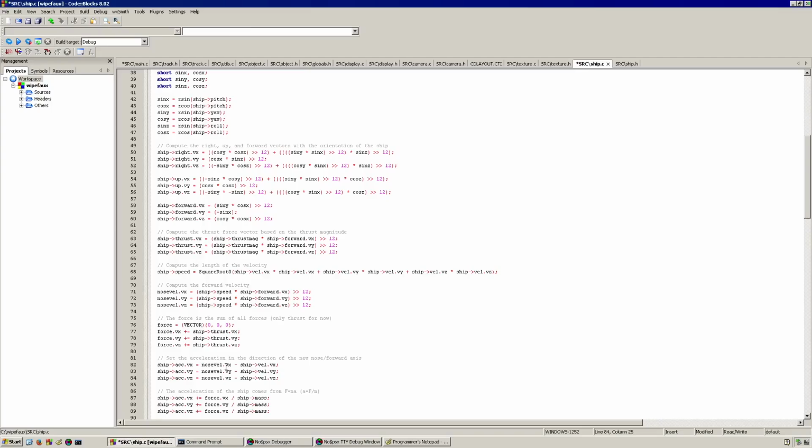So the new nose velocity Vx minus the old ship velocity Vx. So this subtraction right here gives us the start orientation, the start direction of our acceleration.